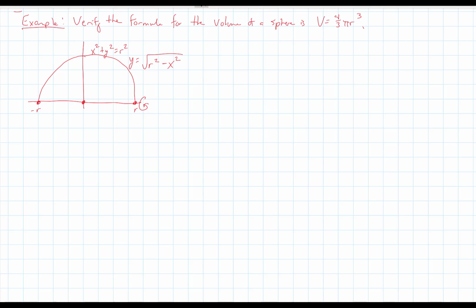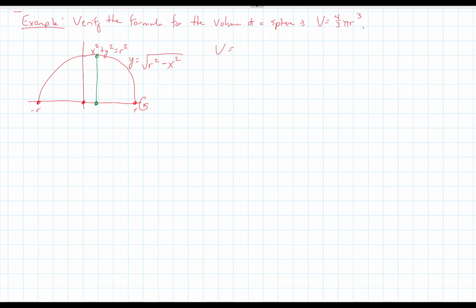So then our volume is going to definitely be a disk. And so it's any general x value. Our radius is our equation, y equals the square root of r squared minus x squared.